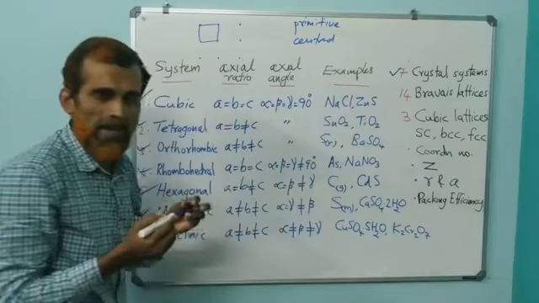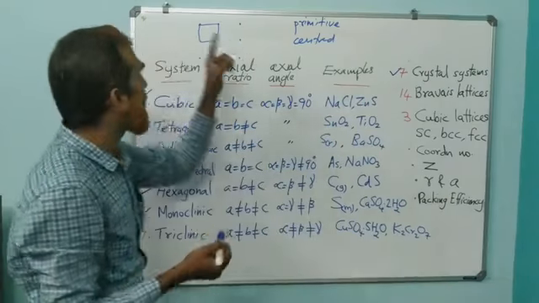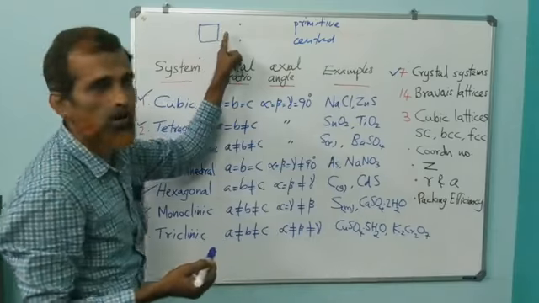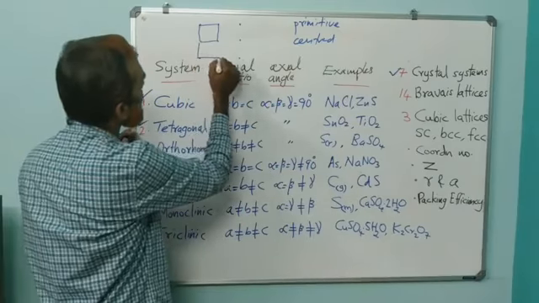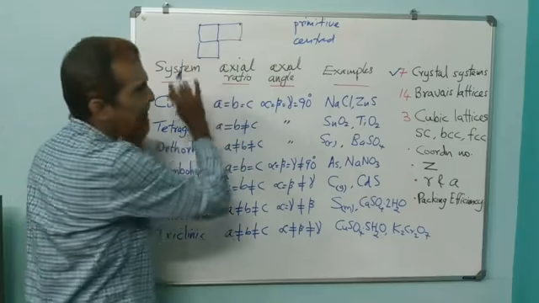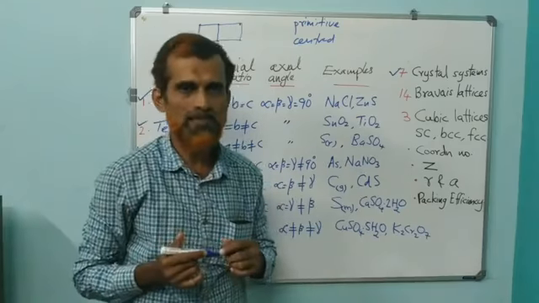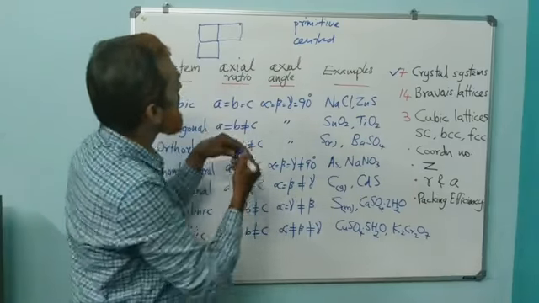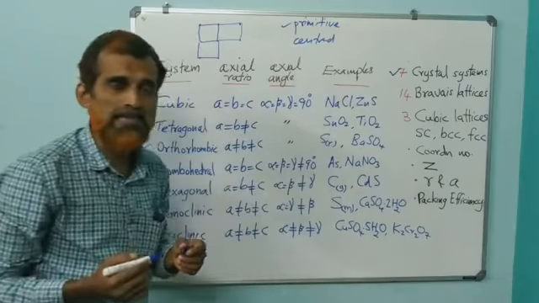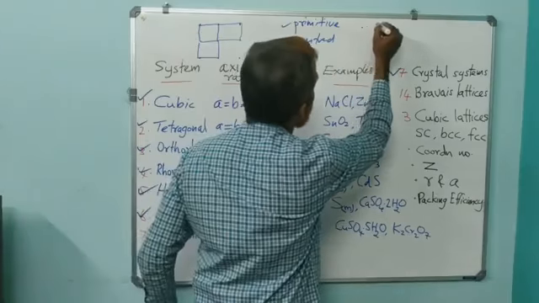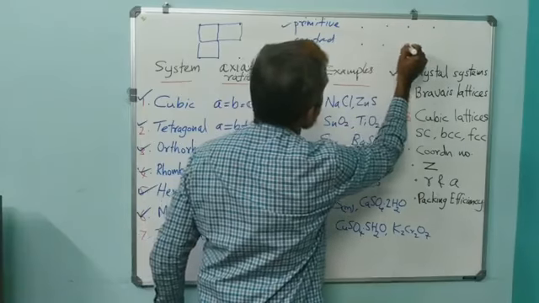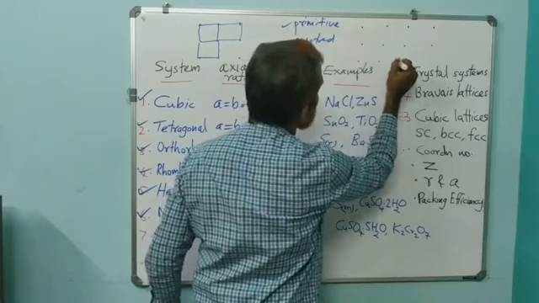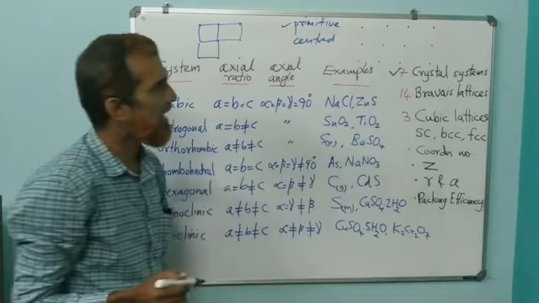Primitive lattice means there will be lattice points only at the corners. There are 4 corners here in the square lattice. You can continue drawing the square and develop the whole lattice. That's a 2D lattice. This is a primitive lattice. Now what is a centered lattice? I am taking the same lattice and I can draw the unit cell in another way.